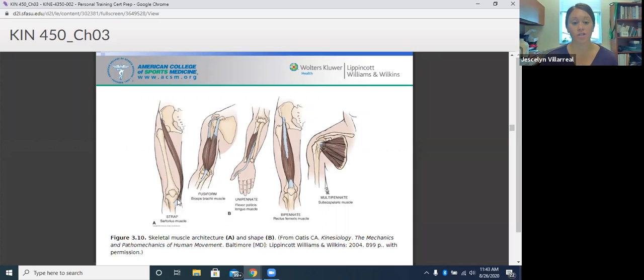So this is your sartorius, in the upper leg, and your quadriceps femoris. Then you also have fusiform, which these muscles have a parallel arrangement and are spindle shaped, tapering at each end. So there's your biceps.